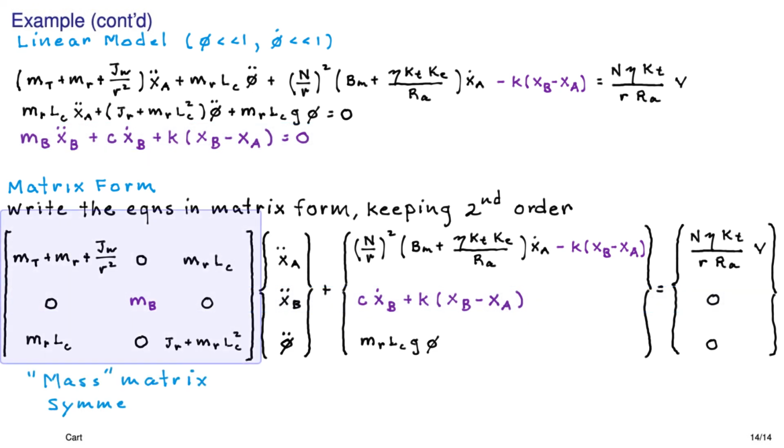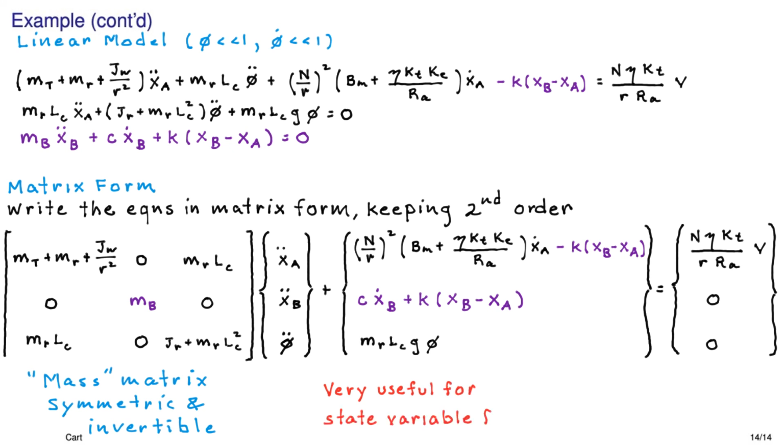And one comment is that that 3x3 matrix we call a mass matrix, even though its units are all sorts of funny things perhaps, but it's symmetric and it's invertible. And that will always be the case. So if you need to do a sanity check on your dynamic system model, this is one way to do it. Put it into second order form, take a look at that mass matrix and make sure that it's symmetric and invertible.